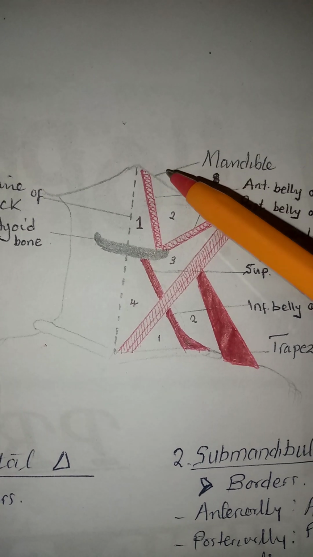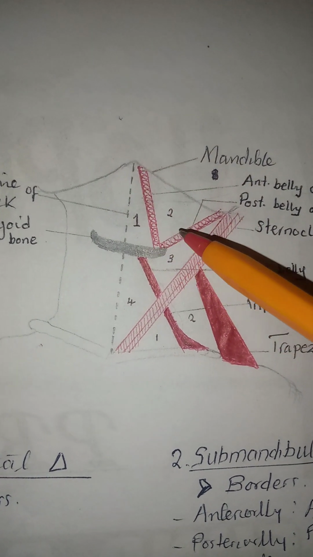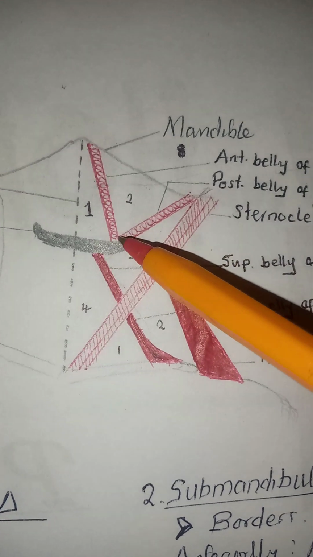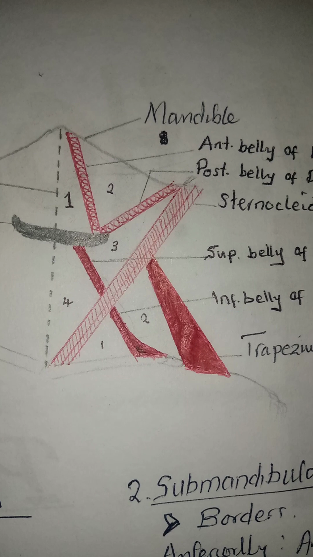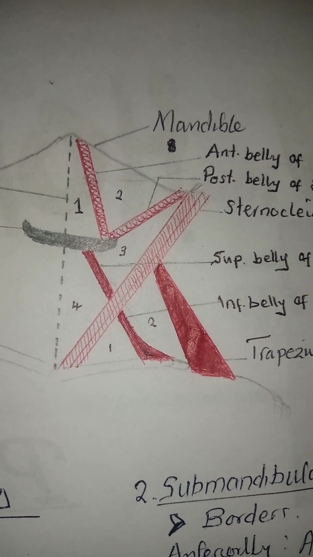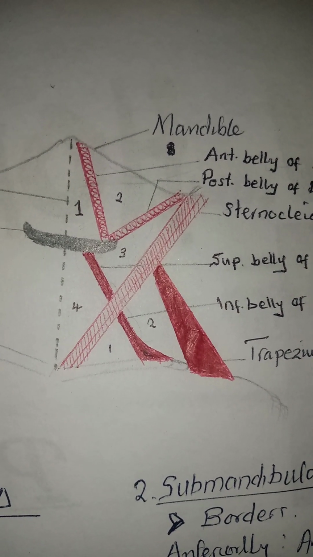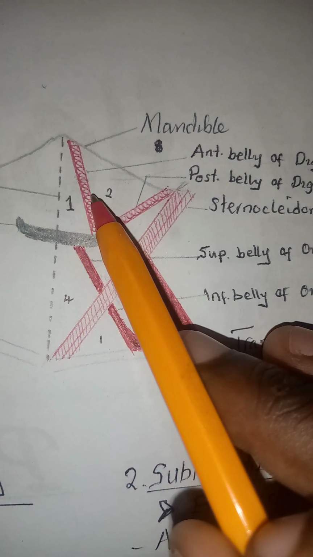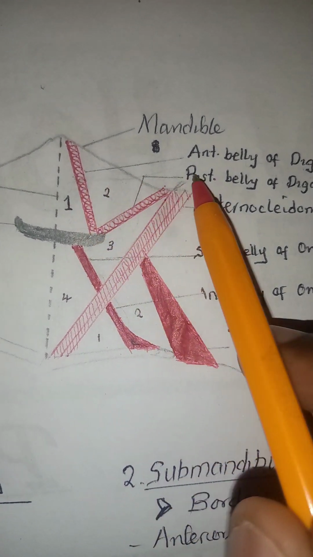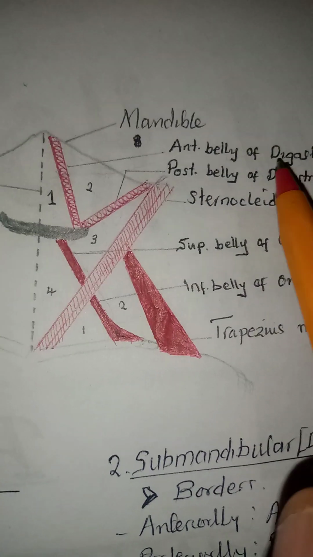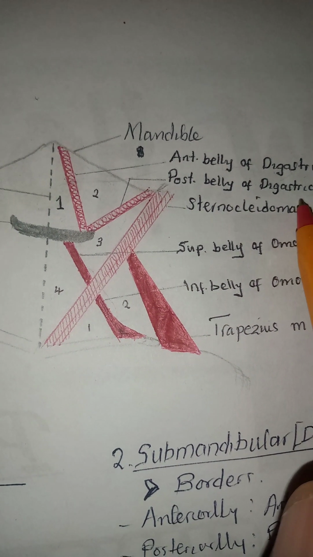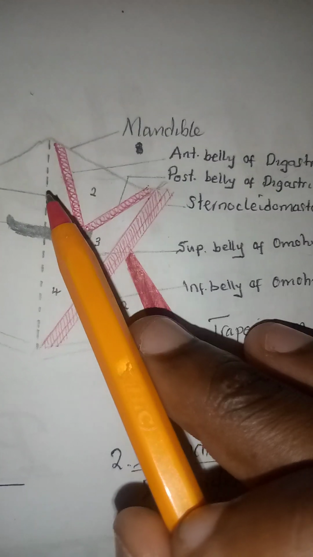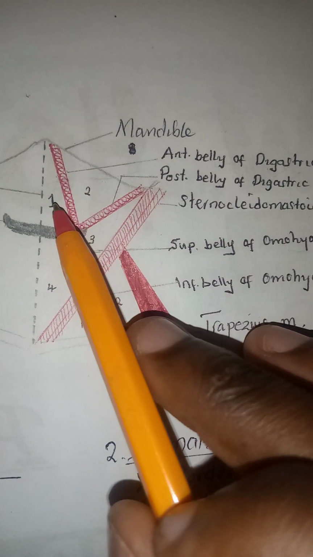There is this muscle which is making a V. This muscle making a V is the digastric muscle, but it consists of two bellies: the anterior belly of digastric muscle, as well as the posterior belly of digastric muscle.